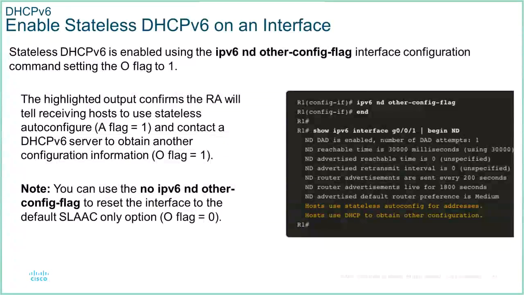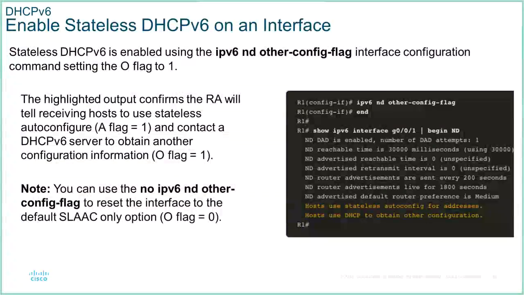So let's turn it on. IPv6 on the interface that you want IPv6 to run on, and you use the command ipv6 nd other-config-flag, and this will set the O flag to 1.